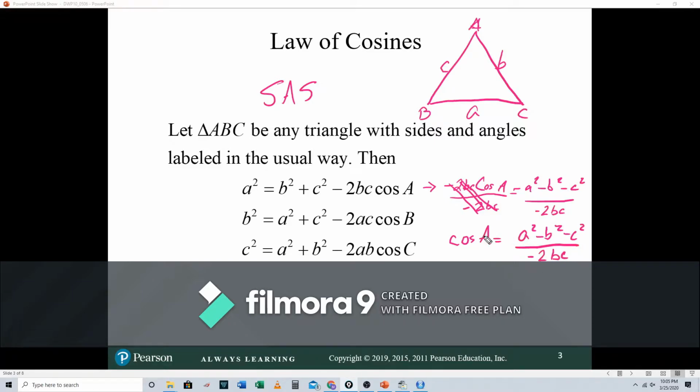Now, if we're trying to find angle A, to get the angle, I have to do inverse cosine of both sides, so arc cosine. Which means in the end, angle A is equal to arc cosine of a squared minus b squared minus c squared all over negative 2bc.